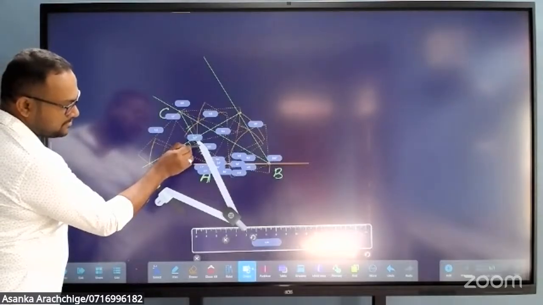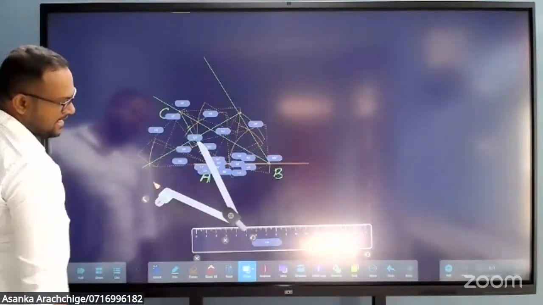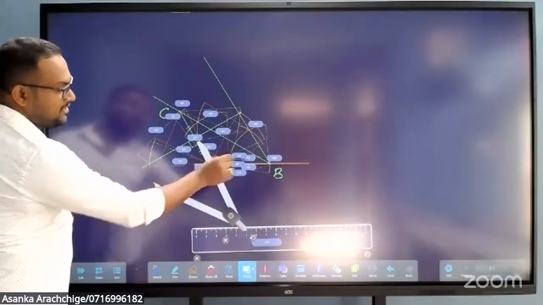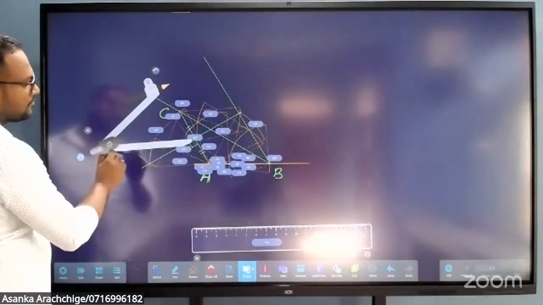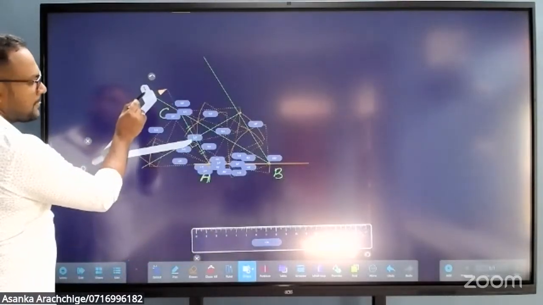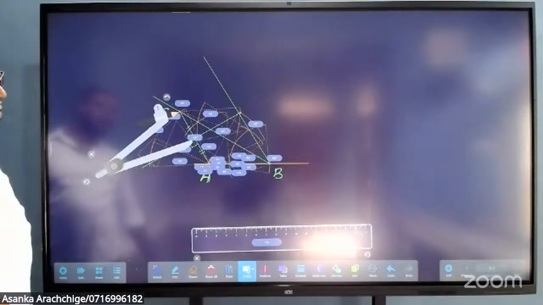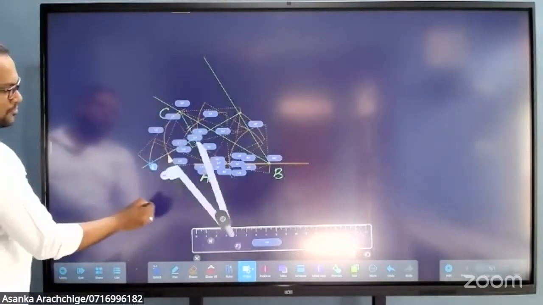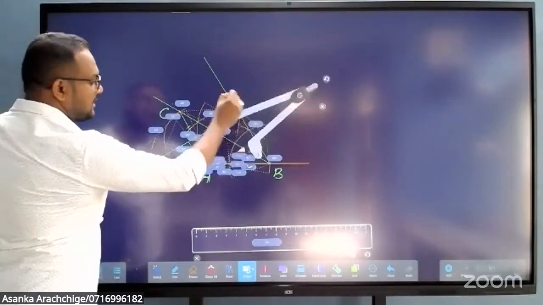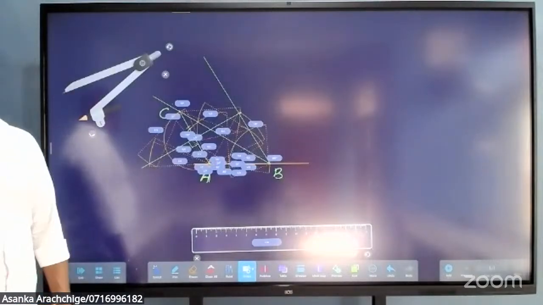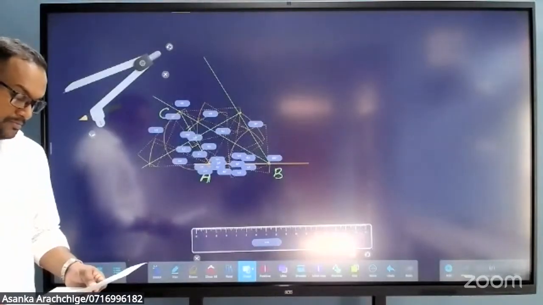Then take this midpoint as the center and take this length as the radius. You have to draw a semicircle like this. Is that clear?